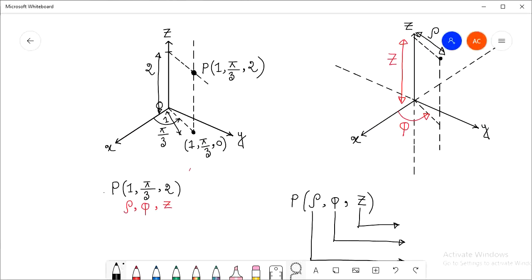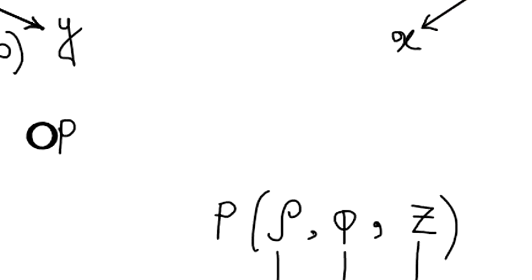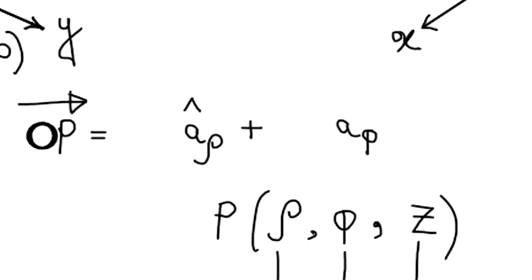Okay, now let's talk about the vector representation. In the cylindrical coordinate system, if the point is P, then its position vector will be denoted by OP, and it will have 3 directions. One is the radial direction, a rho. Another one is the angular direction, which is a phi. And last but not the least is the height direction, that is az. And they will have their magnitude.